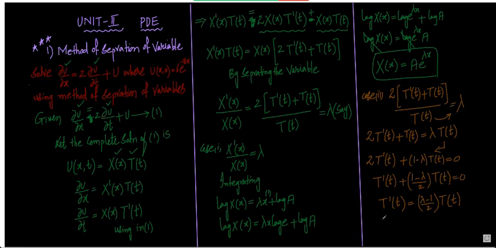This multiple term comes to the denominator, t dash of t by t, because again I want to apply this concept only, is equal to lambda minus 1 by 2. The difference is that here we have only lambda, and here we are getting lambda minus 1 by 2. The same situation arises. I will be taking the next page to continue this one.